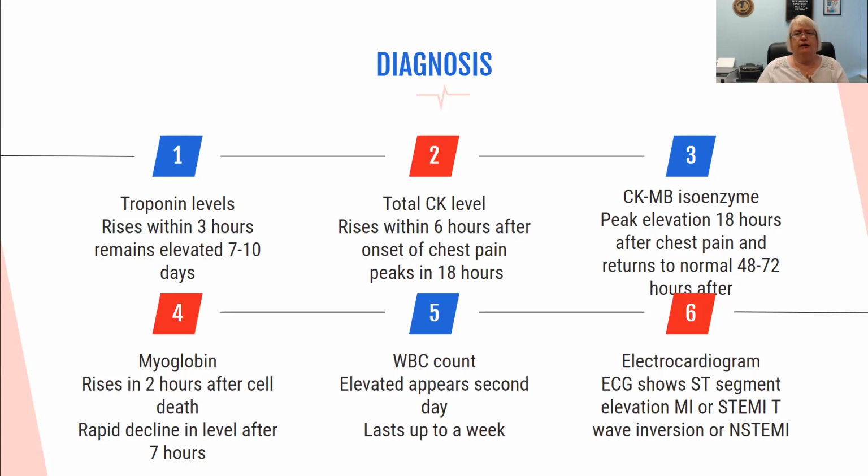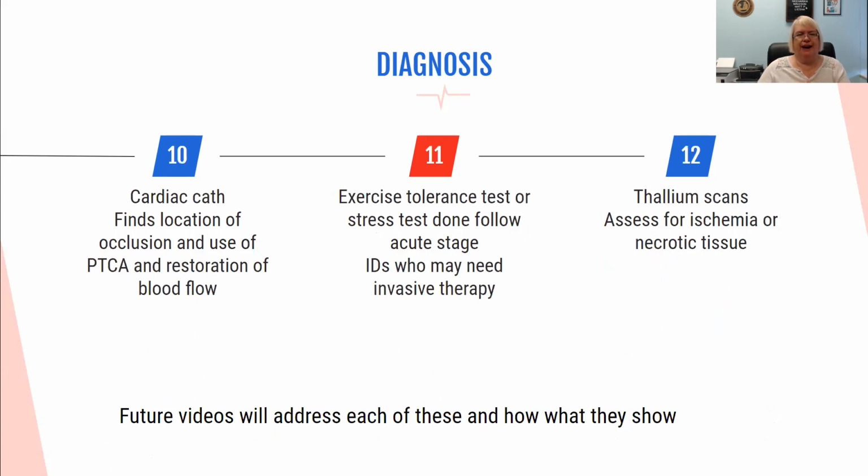The electrocardiogram can show an ST segment elevation or a T wave inversion. In the cardiac cath, this actually goes into the heart, and we're looking to see where the occlusion is, finds that occlusion, and uses either a stent or a balloon to open that area up to give the heart more blood supply.